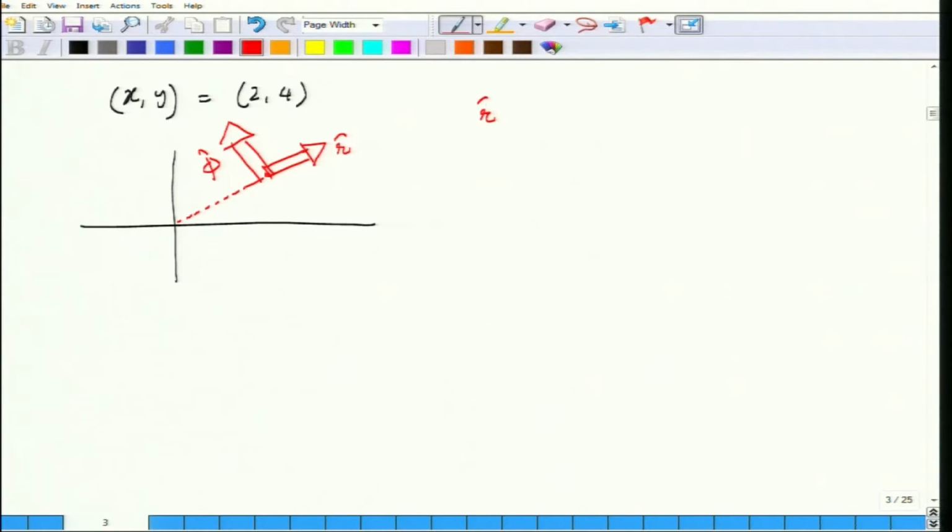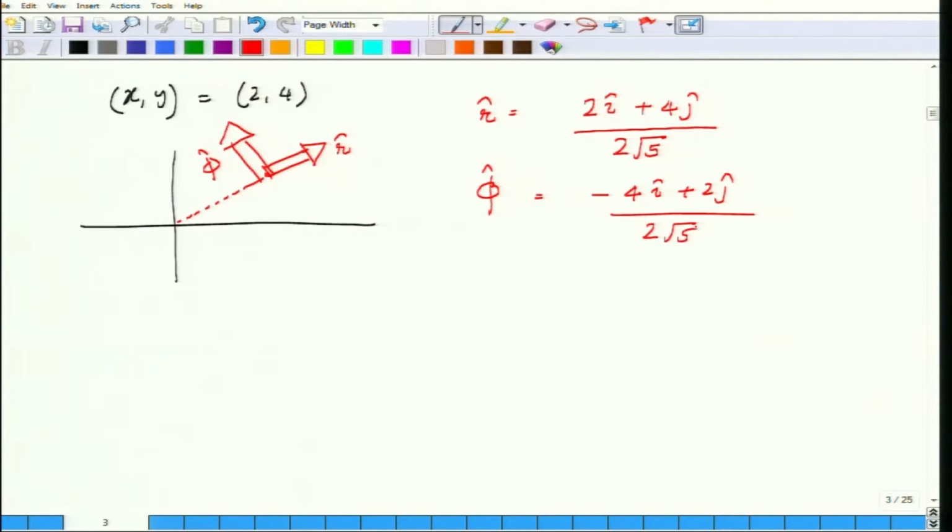I have r unit vector is equal to 2i plus 4j over, we have already determined what r is, 2 root 5. And similarly, I have phi unit vector is equal to minus 4i plus 2j over 2 root 5.